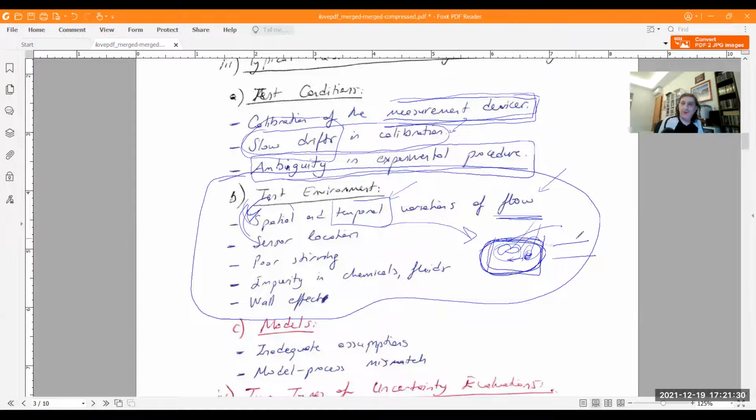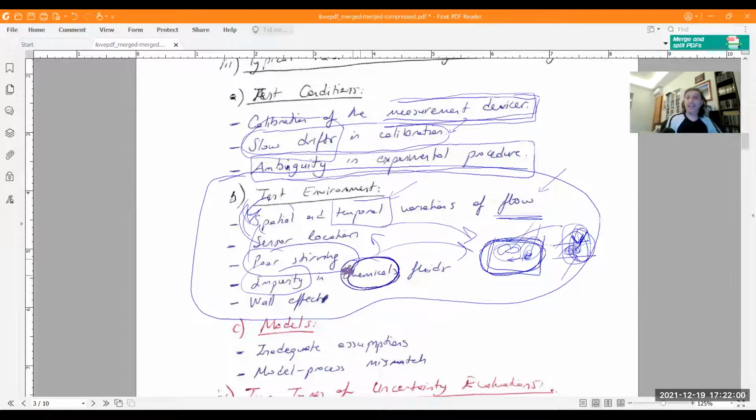Or if we have a flow here and we take a flow measurement here, if the flow is highly turbulent here, then the flow measurement may not be precise, or it may be pretty much fluctuating. So it's going to be a huge contribution to uncertainty. Similarly, poor stirring I have tried to combine with sensor location, and there might be impurities in our flows, in our water flows, liquid flows, or in our chemicals.